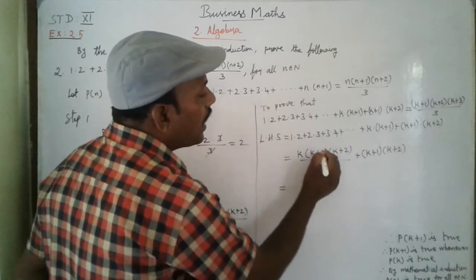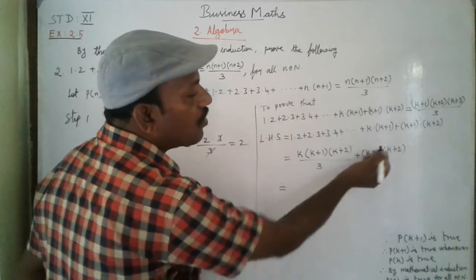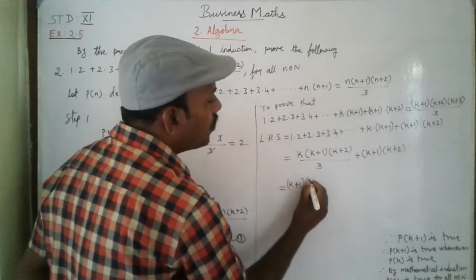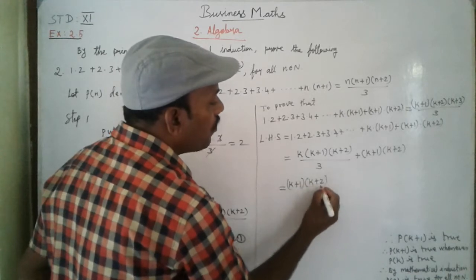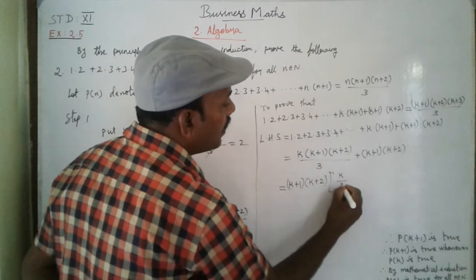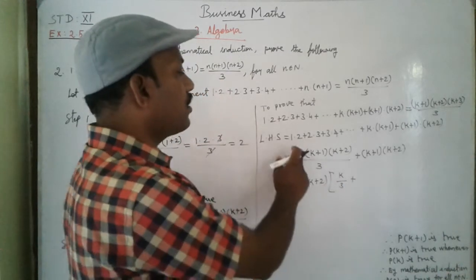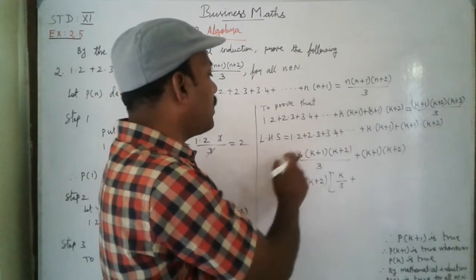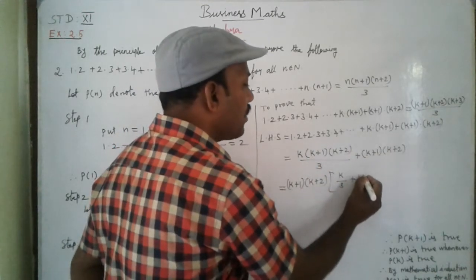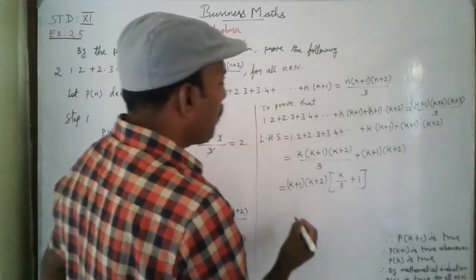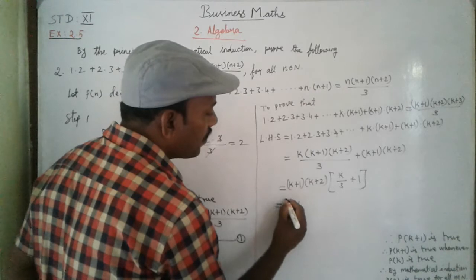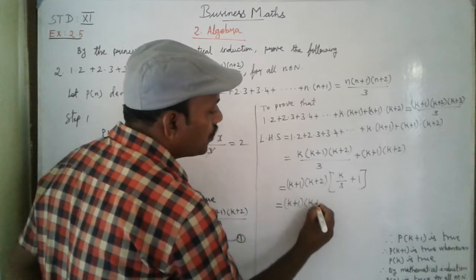In the first one, (k+1) into (k+2) is the common factor, take it out. Remaining is k divided by 3 plus 1, since (k+1)(k+2) is the common term. k by 3 plus what is the 1 time, so 1 is common. That is equal to (k+1) into (k+2).